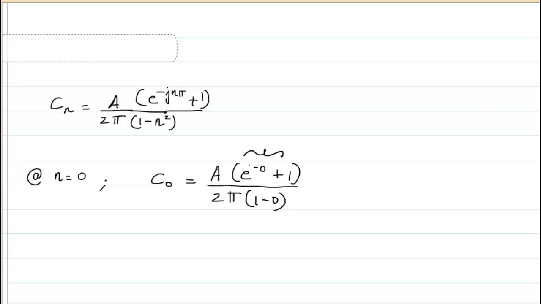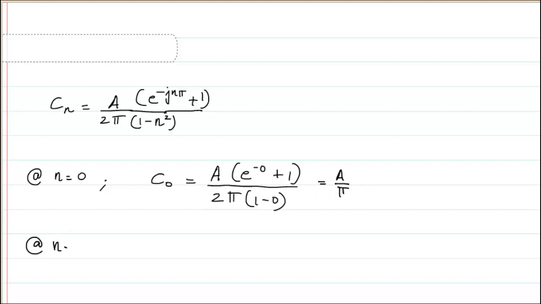Here 1 plus 1 is going to be equal to 2. So 2 and 2 get cancelled off and you get a divided by pi. So that is the value of C0.